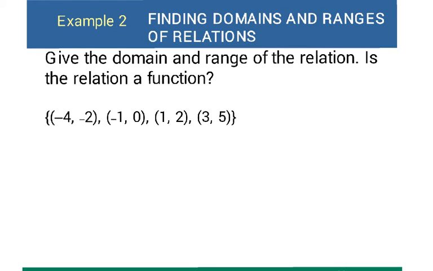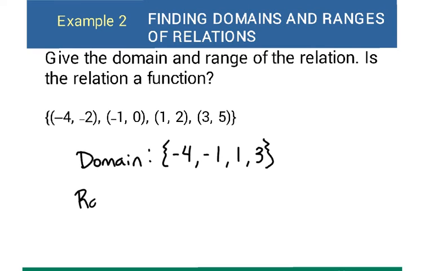So here in this example it says give the domain and range of the relation and is the relation a function. So let's look at it this way. I'm going to state the domain. Is this set right here: -4, -1, 1, and 3. And then the range is -2, 0, 2, and 5.